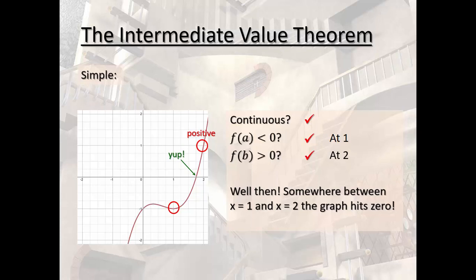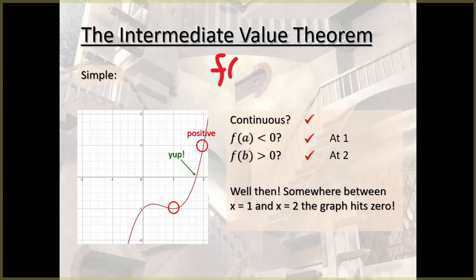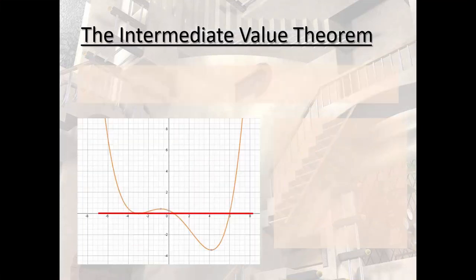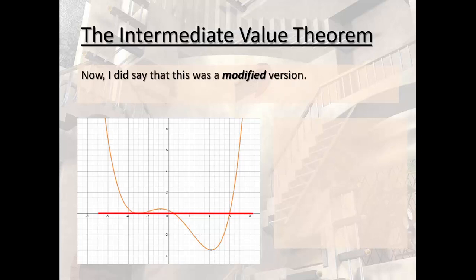If you know that f of a equals 6, f of b equals, I don't know, 10, then you know somewhere between a and b the function is going to hit 8, because 8 is between 6 and 10. The truth is it works for any value.